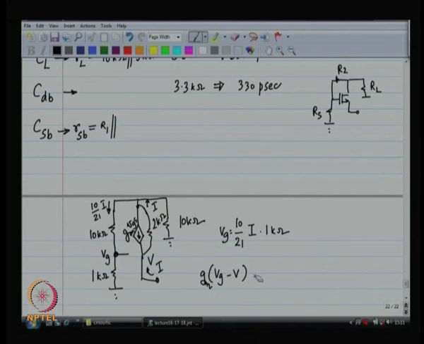So, the current through the GM is GM times VG minus V, right, and that current plus I is the current through RDS.